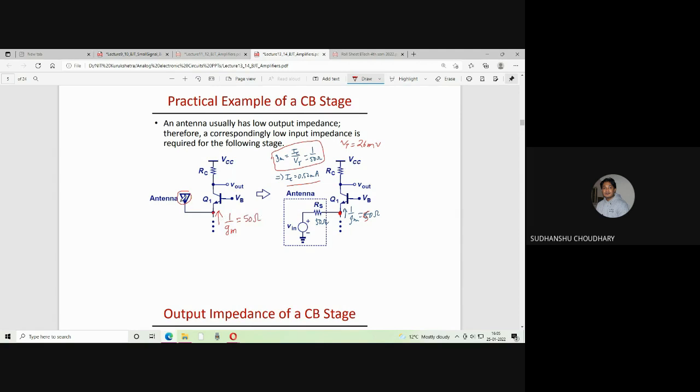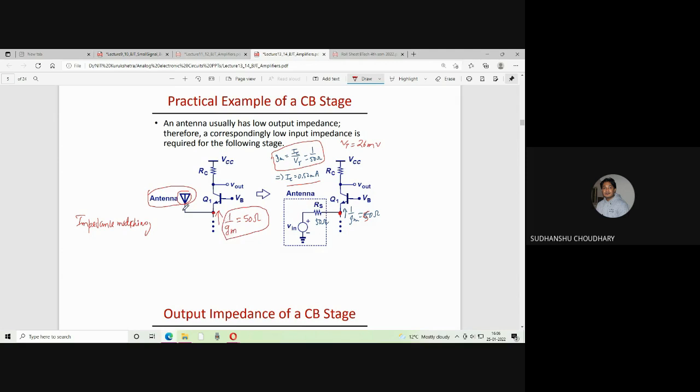Now when I am connecting this antenna, I have to make sure that the impedance of this antenna matches the impedance at this point, what we call impedance matching. To ensure impedance matching, the impedance of this antenna must be equal to the impedance present at this point. The antenna's output impedance is already very small, and this 1 by Gm is also very small, 50 ohms.